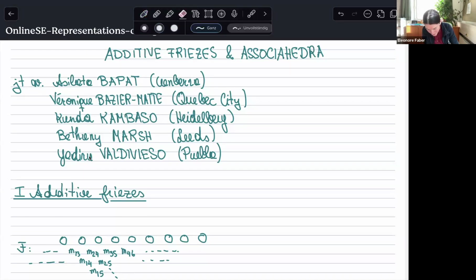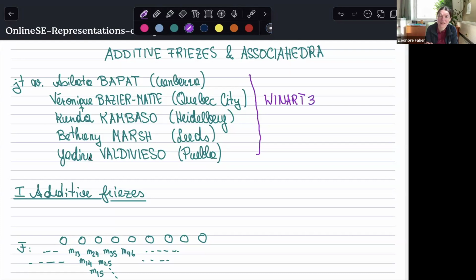And so this is coming from a workshop that was already a while ago, namely it was from WINART, Women in Non-Commutative Algebra and Representation Theory. And this was already in 2022. And so we're still working on our project.